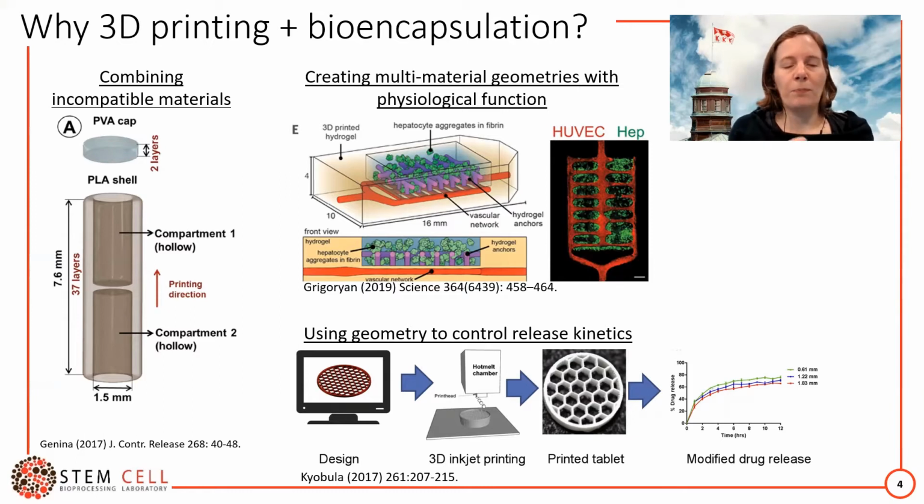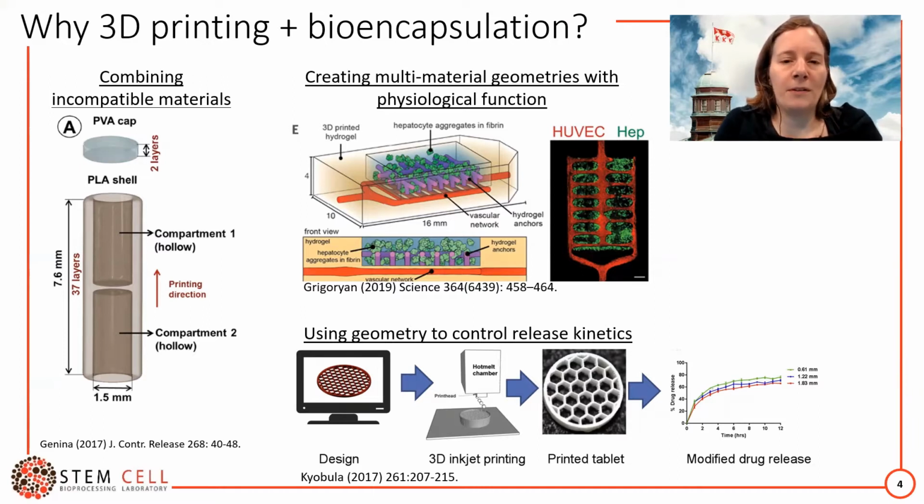You might want to print a tablet or a device with multiple compartments that allow you to combine those ingredients. Another example is living tissues, where you might want to encapsulate the living tissue, but still have it function in a certain way.